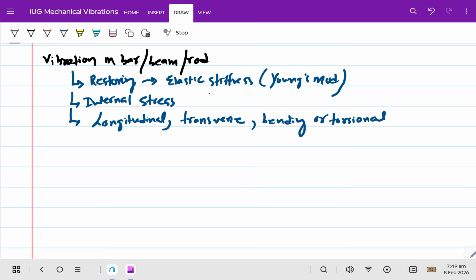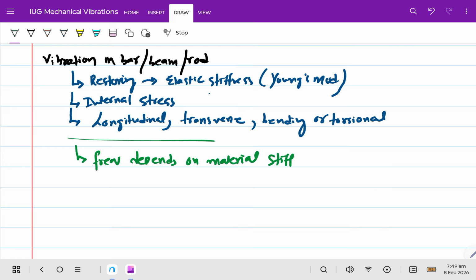So owing to this, the frequency of vibration depends on material stiffness and geometry, not just tension in the rod. So now it is more realistic.